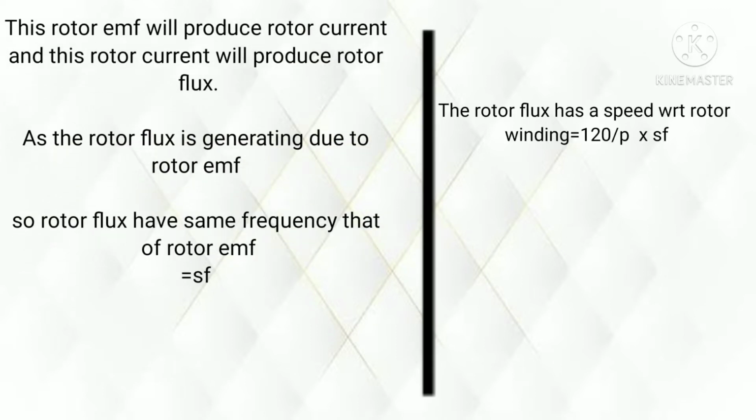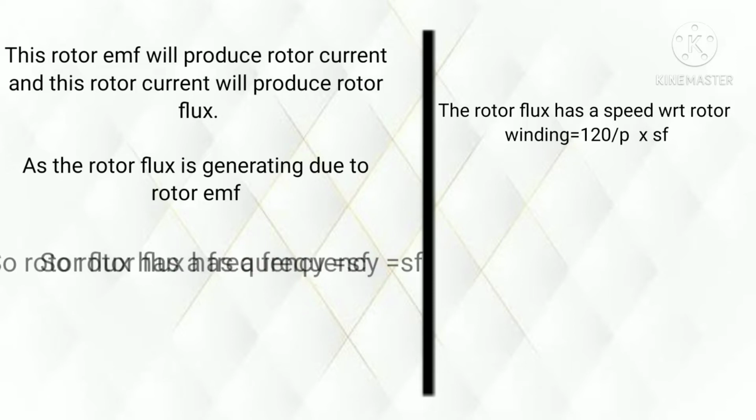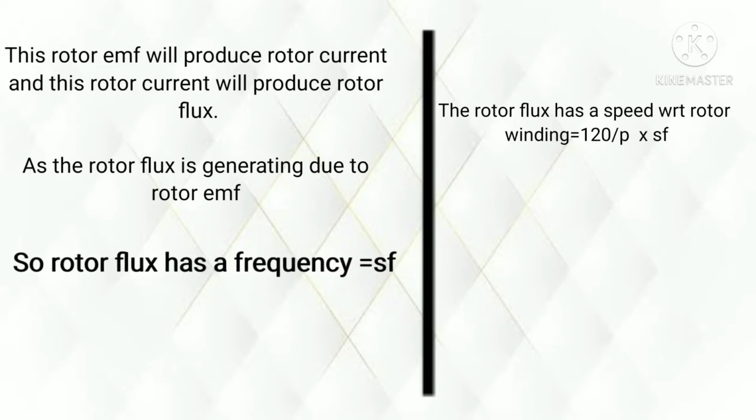The rotor flux has a speed with respect to the rotor winding equal to 120 divided by P into the frequency of the rotor EMF, that is sF, equal to sNs, because this rotor flux is generated due to the rotor EMF and the rotor current.